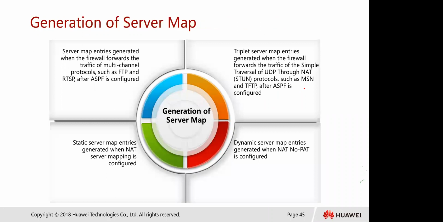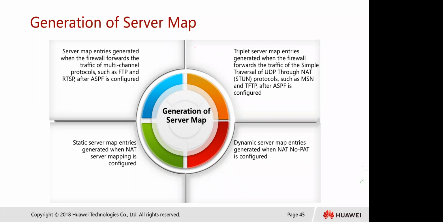Generation of server map. Currently, the firewall generates server map entries in the following situations. Server map entries are generated when the firewall forwards the traffic of multi-channel protocols like FTP or RTSP.